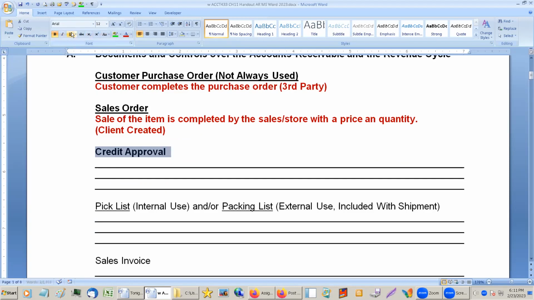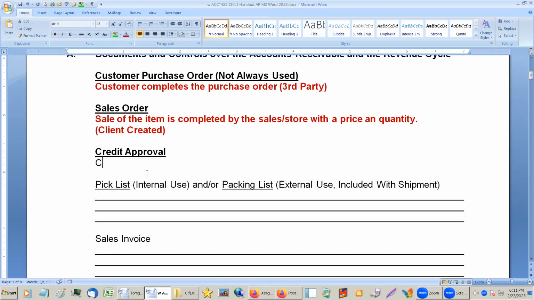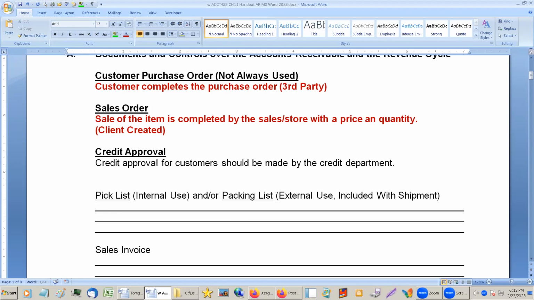Credit approval for customers should be made by the credit department, if they have one.